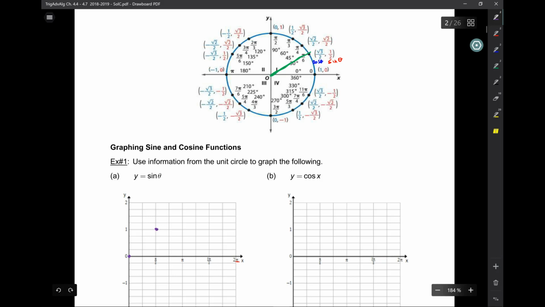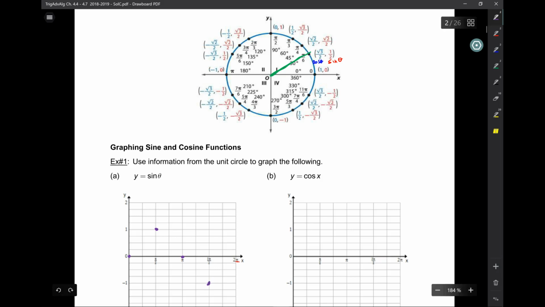What's the sine value? 0. When the angle is 3 pi over 2, how much is sine? -1.